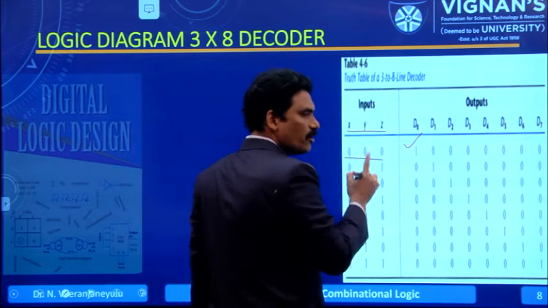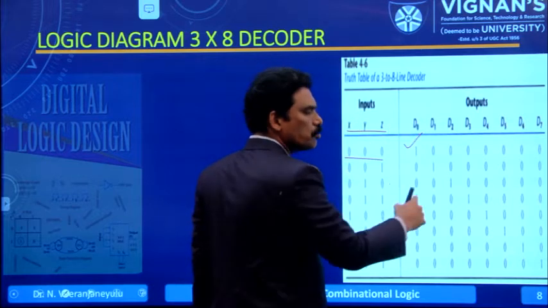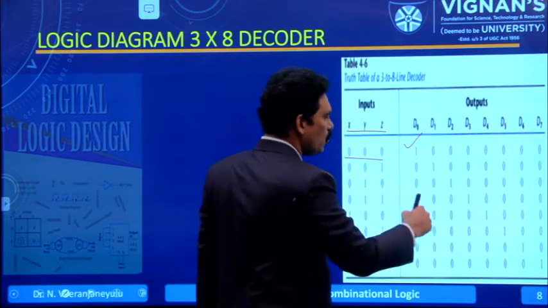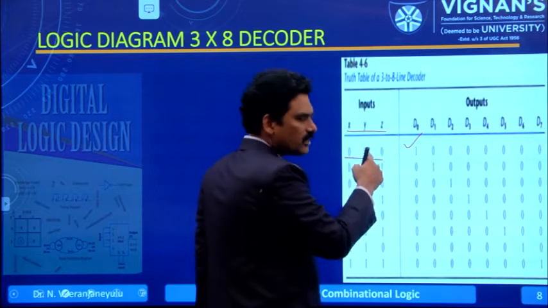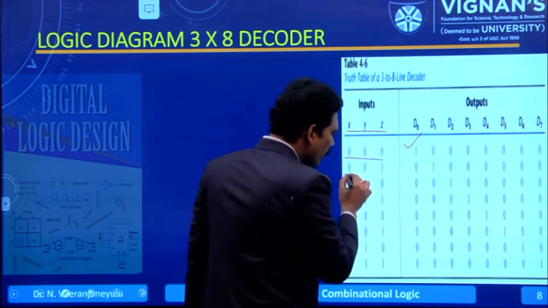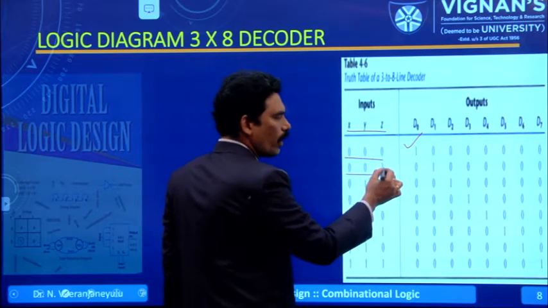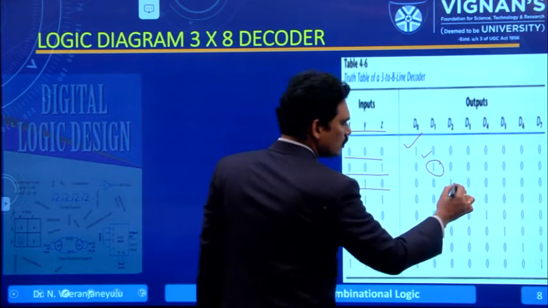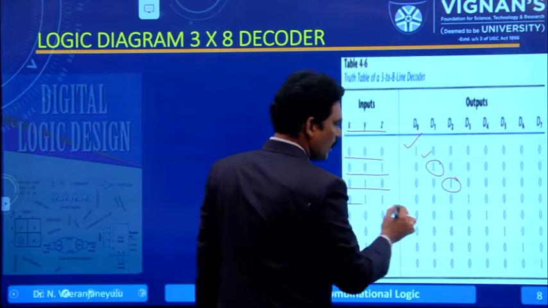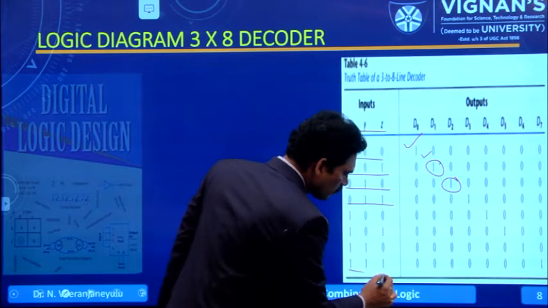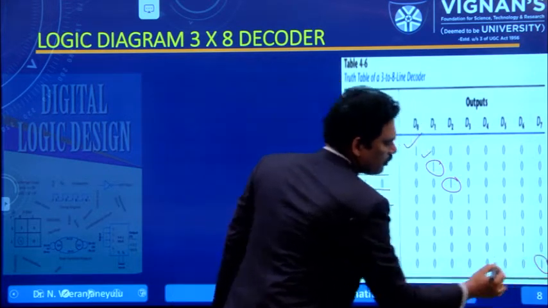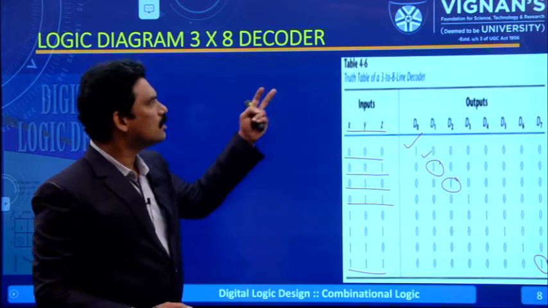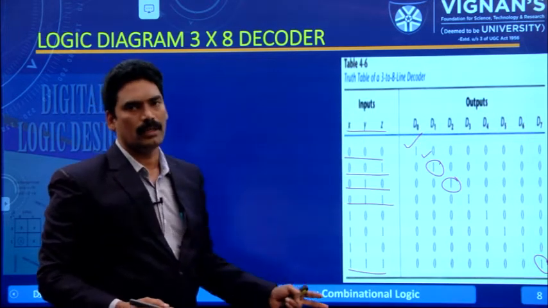At any point of time, only one output is active: D0 is active when the inputs x, y, z are 0, 0, 0. If the inputs are 0, 0, 1, D1 is active, and like this. If the inputs are 1, 1, 1, the output is D7. This is the truth table for the 3 to 8 line decoder.